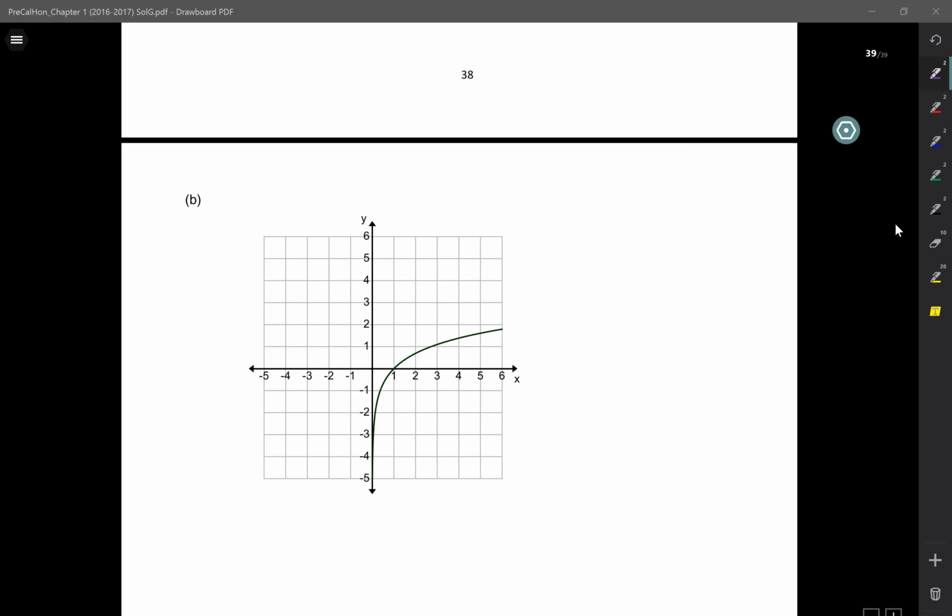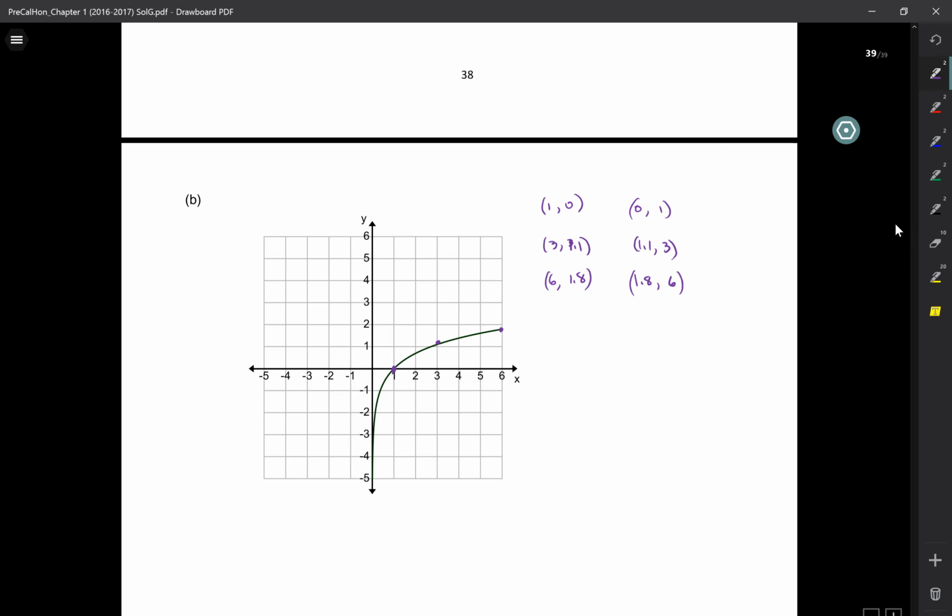We are going to estimate a little bit. X equals 6, y equals 1.8. So when we switch these, we get these corresponding coordinate points.